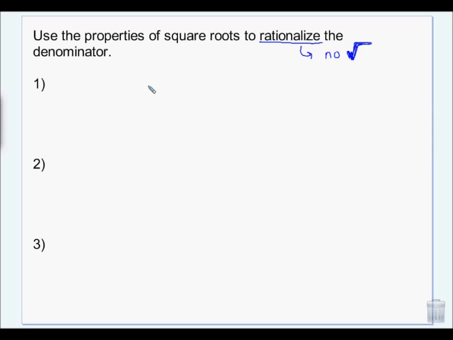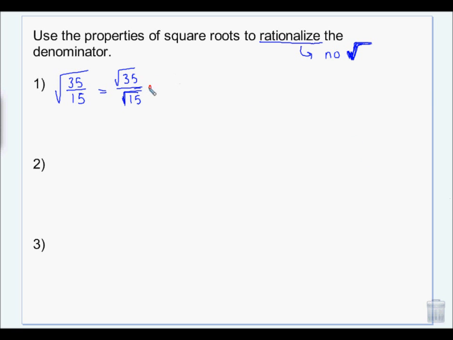Okay, so what we do is, let's say we have the square root of 35 over 15. Now if you remember on that very slide a few pages back, we said you can't have any fractions under a radical. We also said you can't have any radicals in the denominator.